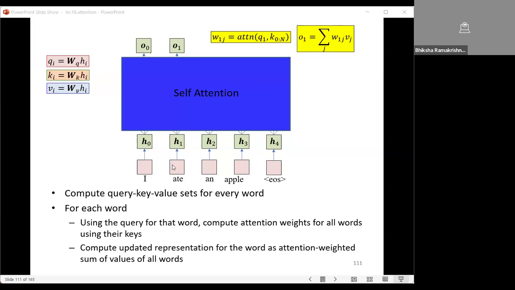And that's going to give me the updated representation for 8. Then I can use the query for AN to get an updated representation for AN, and so on. And so I can get an updated representation for every one of the words in the sequence.